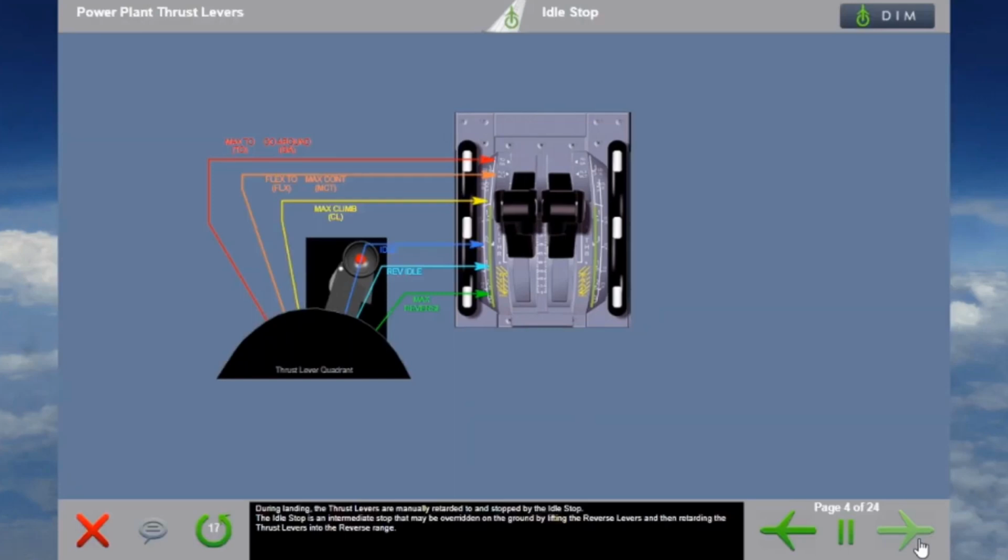During landing, the thrust levers are manually retarded to and stopped by the idle stop. The idle stop is an intermediate stop that may be overridden on the ground by lifting the reverse levers and then retarding the thrust levers into the reverse range.